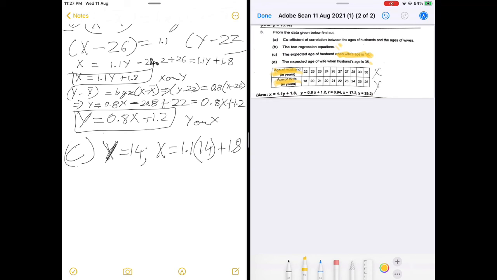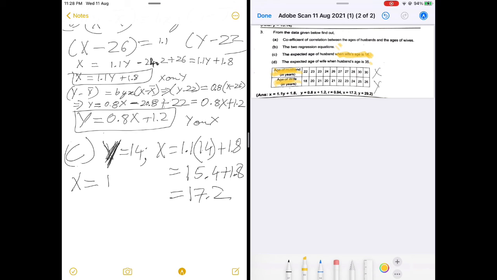And now I resolve this. 1.1 into 14 gives me x is equal to, 14 ones are 14, 14 ones are 14, so 15.4. 15.4 plus 1.8 gives me 17.2. So now when the wife's age is 14, the husband's age is 17.2.